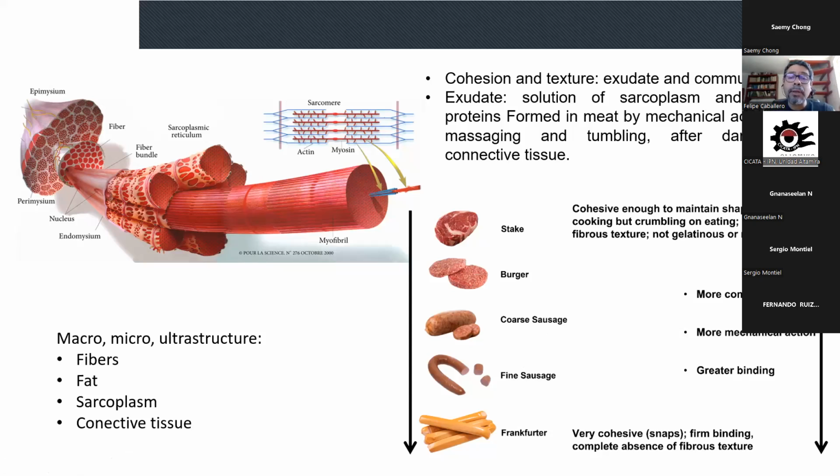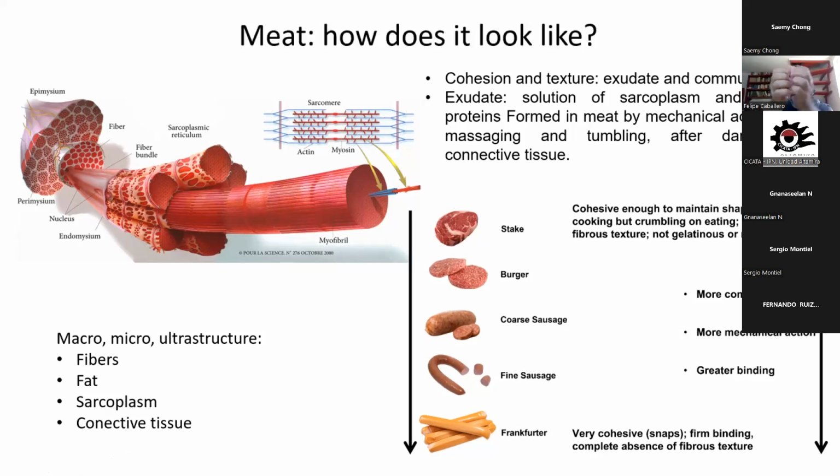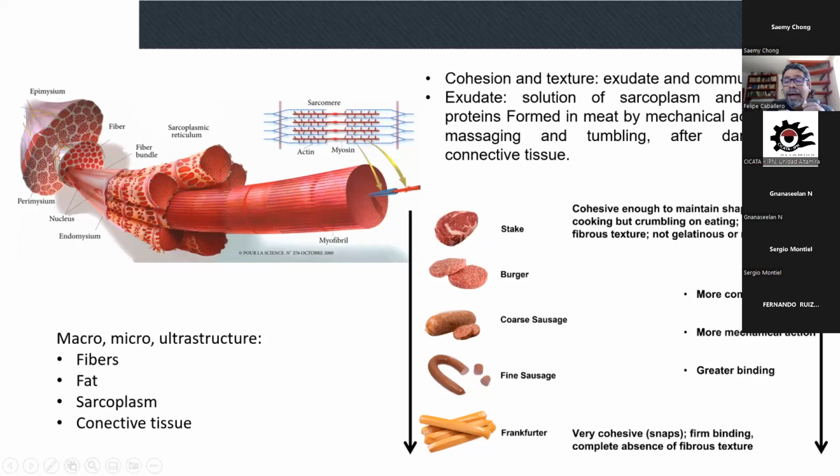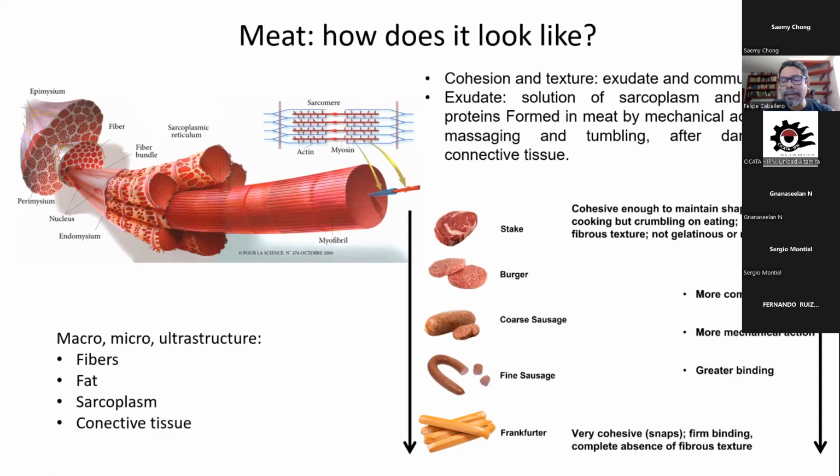You cannot do that with the steak, which cannot be broken. It is fibrous. After the processing, the meat is very cohesive, but it doesn't have any fibrous texture. The sausage doesn't have any fibers inside. So you can alter the texture and all the properties of the meat with this kind of processing. This is the type of thing that we want to mimic when producing plant-based meat analogs.